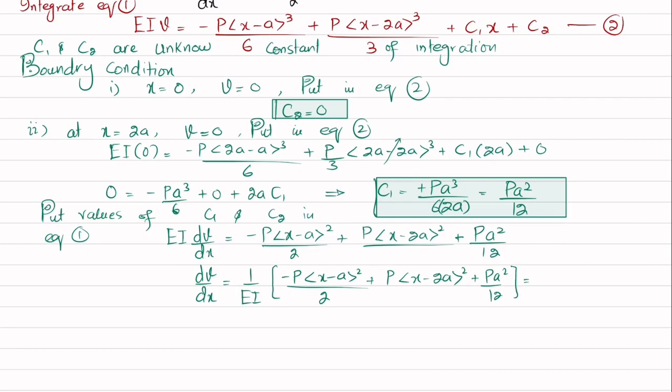And if you take P over 12 as common from all the terms, so P over 12 EI into, the first term will be minus 6, since we have taken P as common, into (x minus a) whole square, plus 12 into (x minus 2a) whole square plus a square.